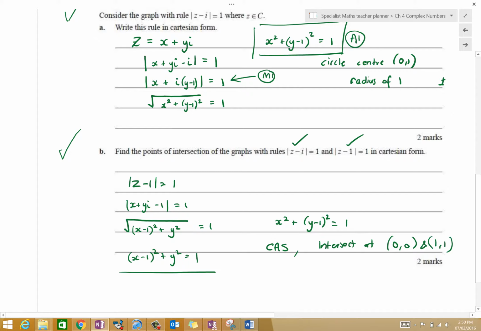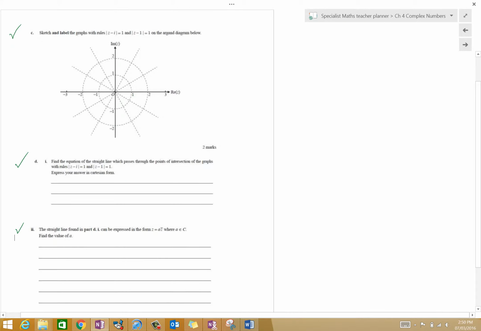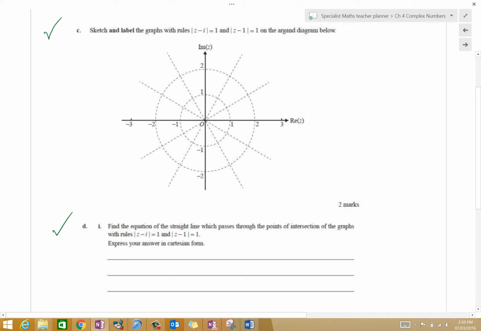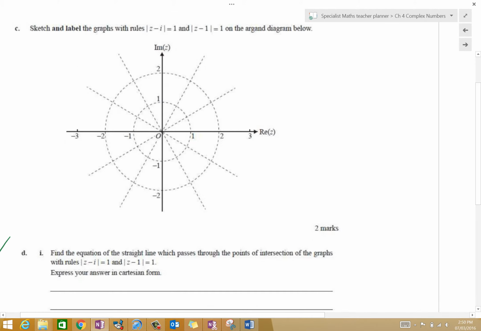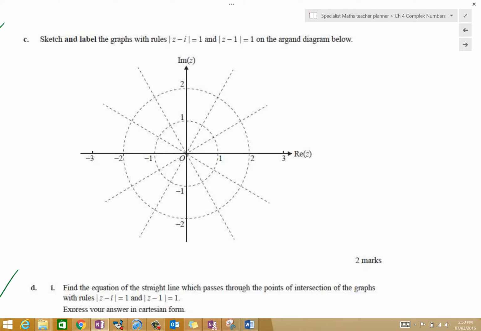Okay. Now, hope you're following me so far. Now let's have a look, and it says shade and label the graphs with the rules |z minus 1|. Now just note, whenever I have something in this form, it's always going to be a circle.